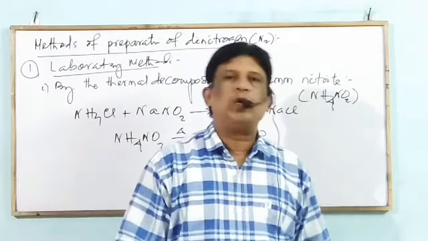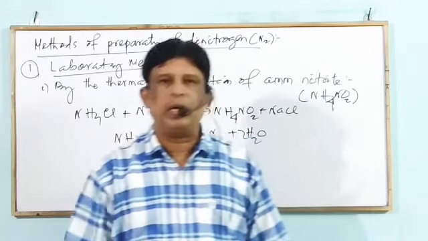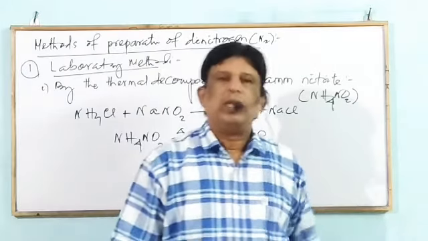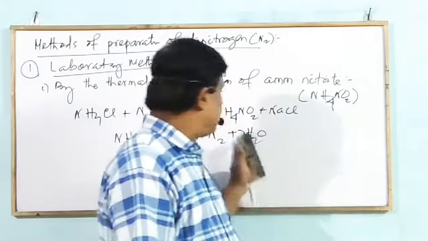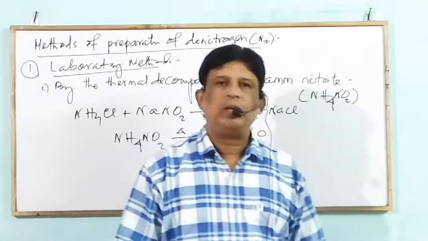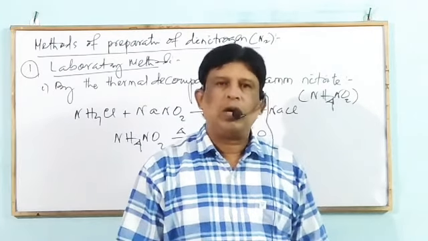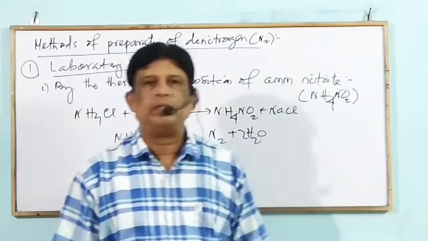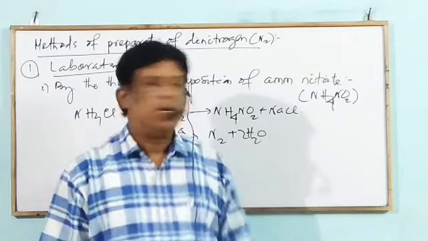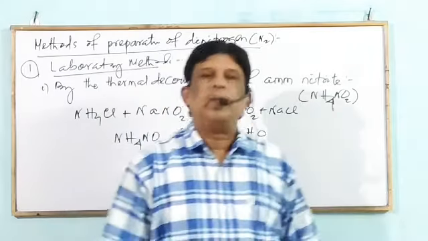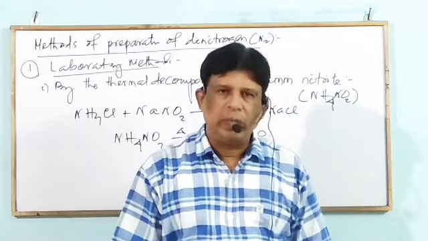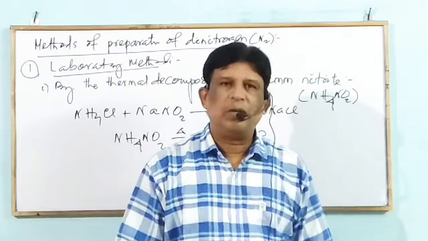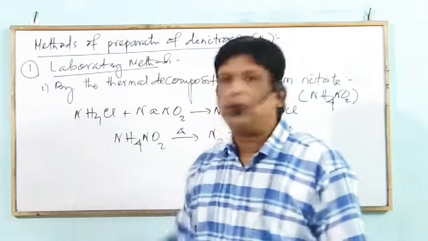So in order to remove that impurity, the resulting gas is passed through an aqueous solution of sulfuric acid containing potassium dichromate. Finally, the gas is collected by the downward displacement of water. It is one of the methods of preparation of dinitrogen.